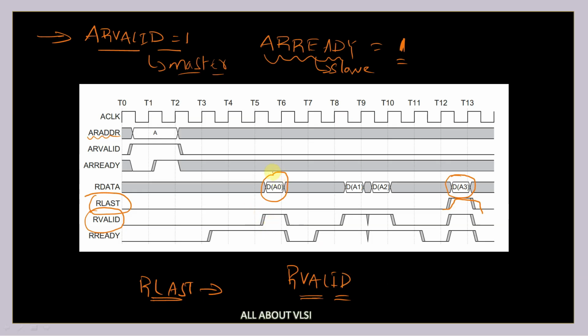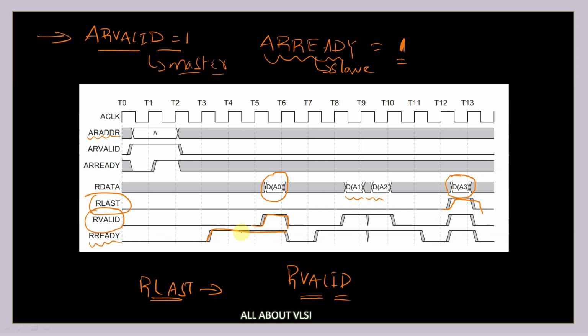You can see whenever we are sending the data, we make this R valid 1. Here also, whenever we are sending 2 data items, we make R valid 1 continuously, and for the third and the fourth transaction also we make R valid 1. And how does the master tell the slave whether it is ready for the transaction or not? Using R ready. You can see here our R ready is equal to 1.